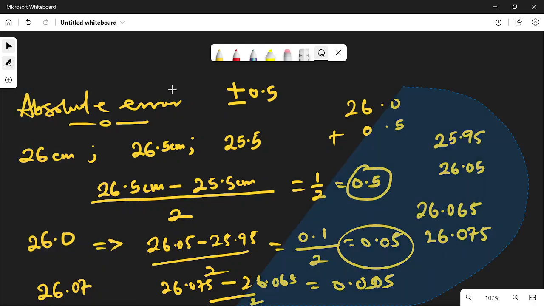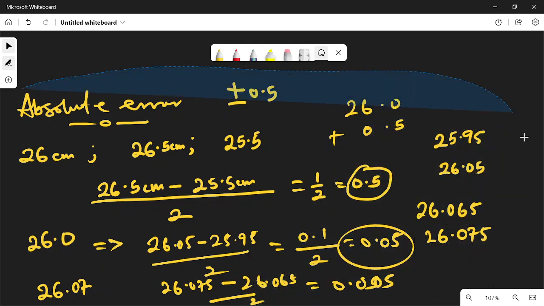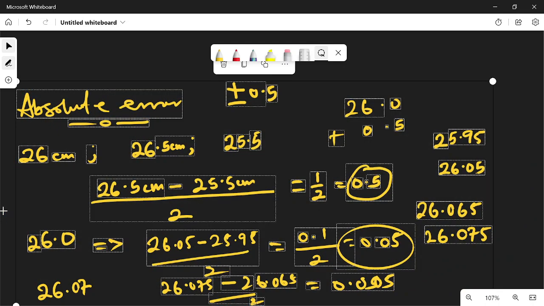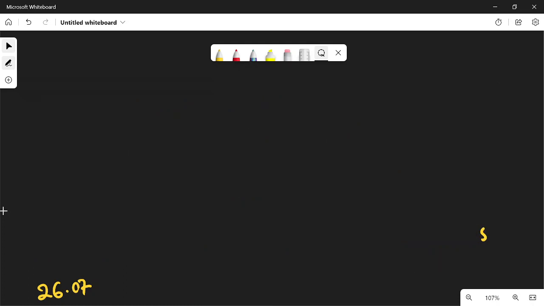Now, we can also get what we call absolute error in another way, if you have actual measurements. For example, we are still on absolute error here.